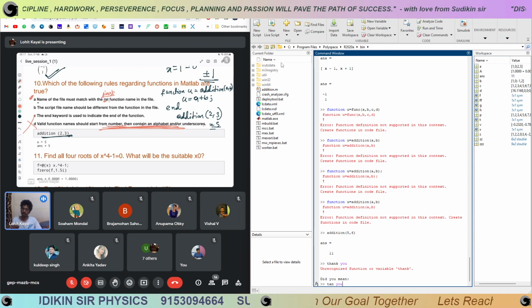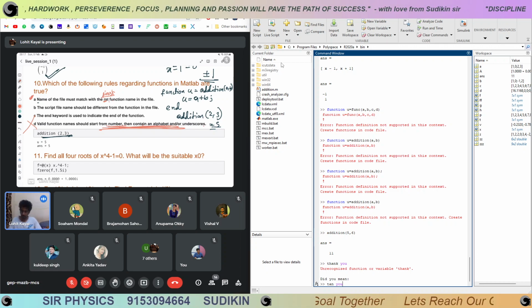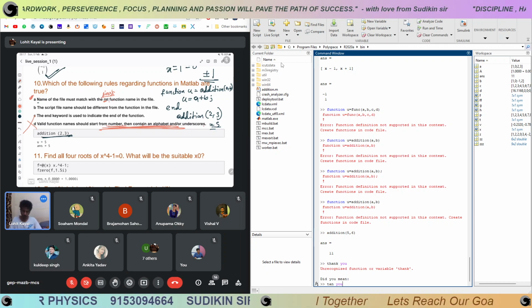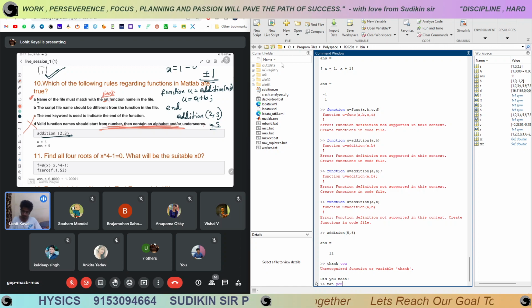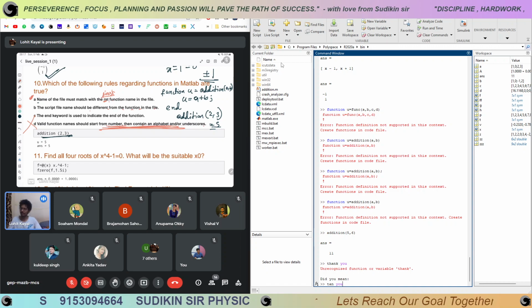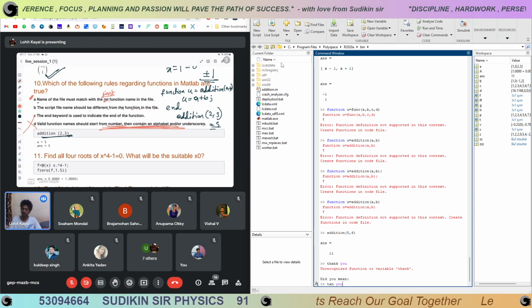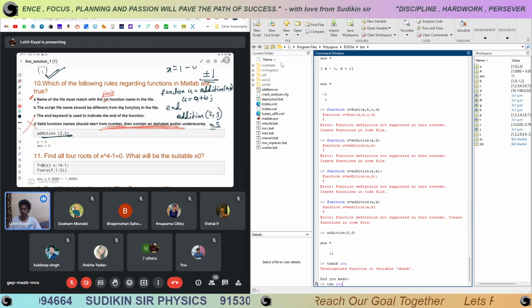If you write something like multiplication.m or subtract.m, it will not work. So this is true. Second, the script file name should be different from the function file. Obviously, if you name the script file the same as addition.m, then MATLAB will not be able to identify which addition.m it has to choose. Then it will show you an error.